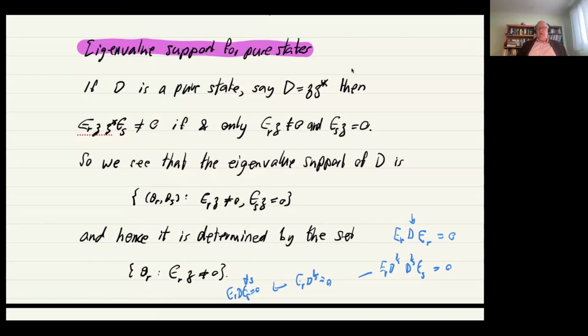If there's no loop on a vertex, then everything in that row and column is 0. So you get a graph with one loop on each vertex, and that can be fun to play with. But the point is that if the diagonal entry is 0, then E_R D E_S is 0 for all S.